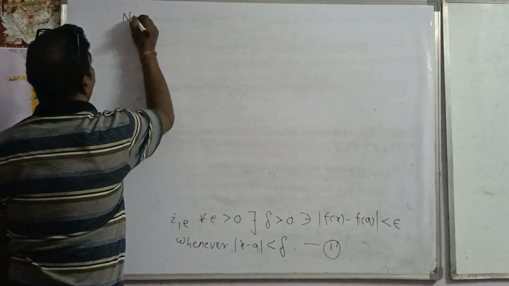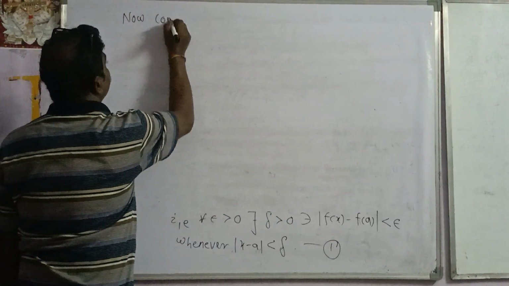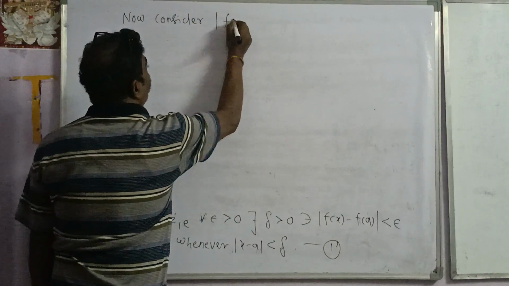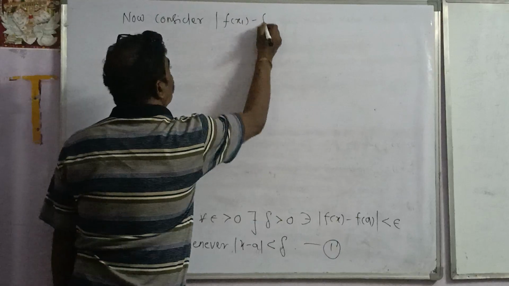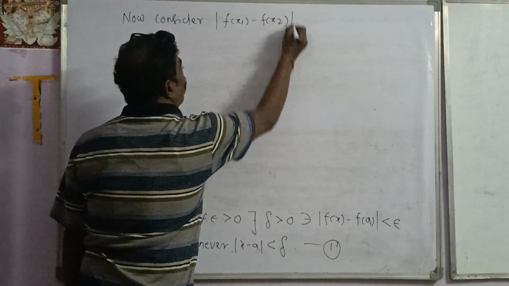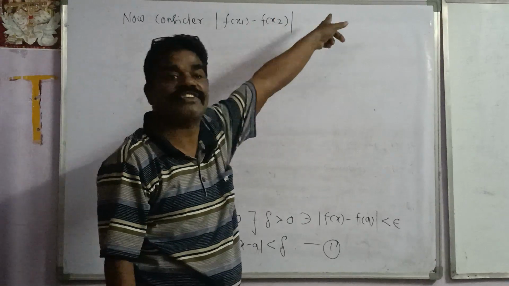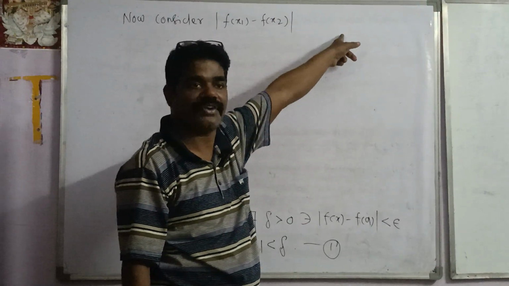Now, consider |f(x1) - f(x2)|. This one I will show that less than how much? Epsilon. Fine.